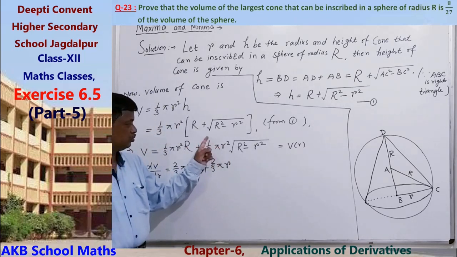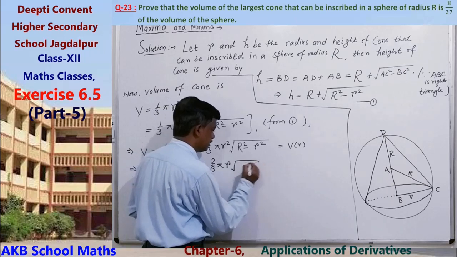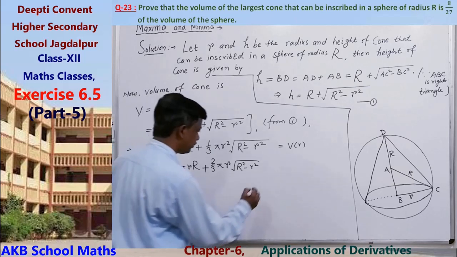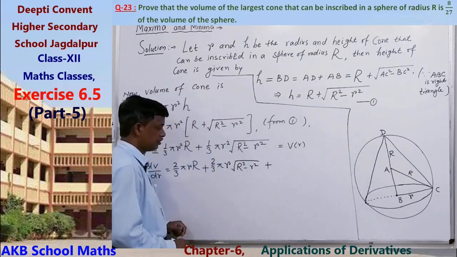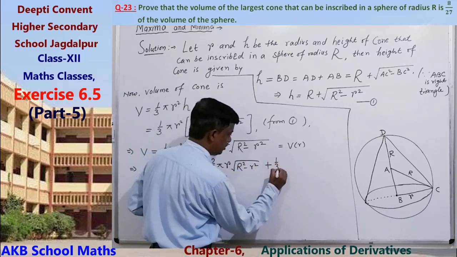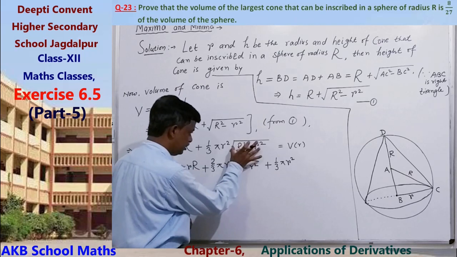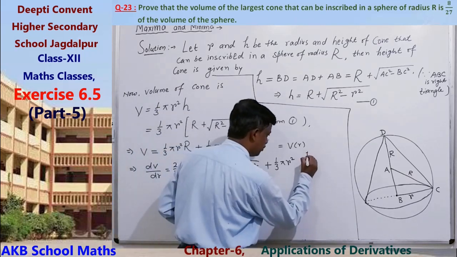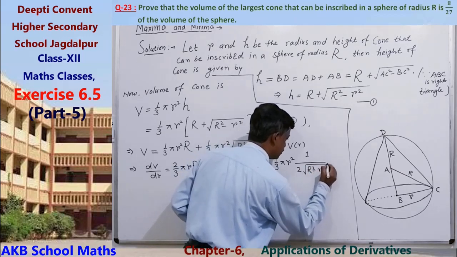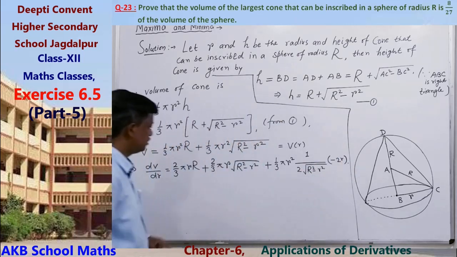Clear? Differentiate it, 2r pi by 3. First derivative of the first function into the second function, root of R square minus r square, plus 1 by 3 pi first function into the derivative of the second, that is the root function, which means 1 upon 2 root of R square minus r square into, again differentiating the inside, minus 2r. This is the derivative.